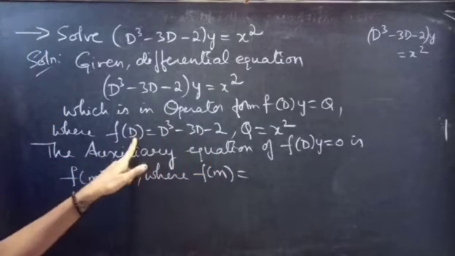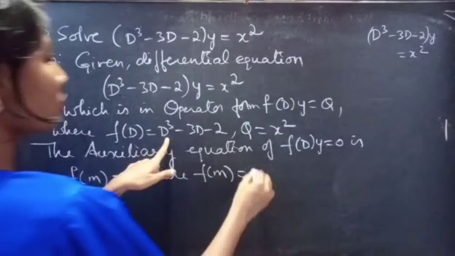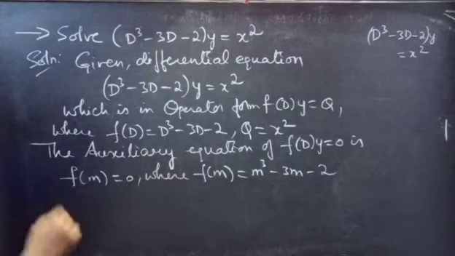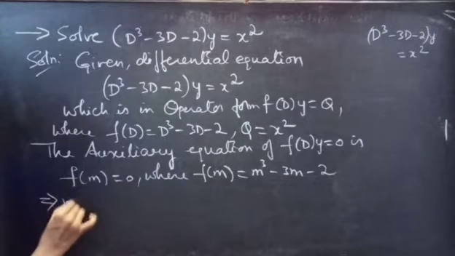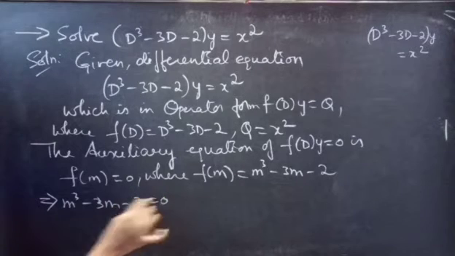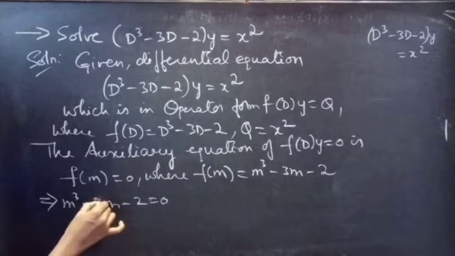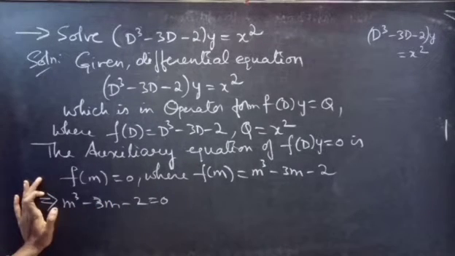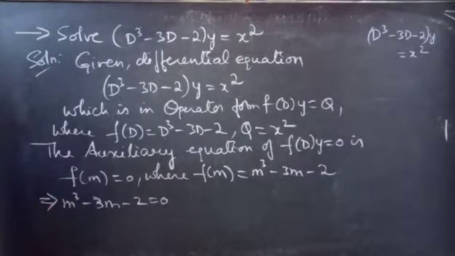Let's replace the differential operator by m, so that we get F(m) equals m cube minus 3m minus 2. Then our auxiliary equation becomes m cube minus 3m minus 2 equals 0. Now let's find the roots using the synthetic division method.